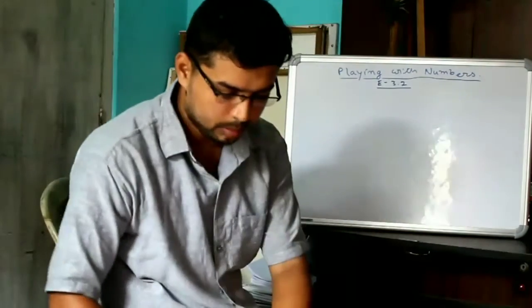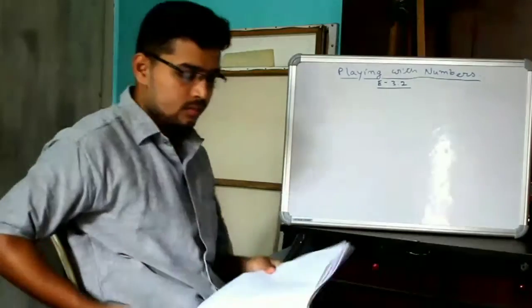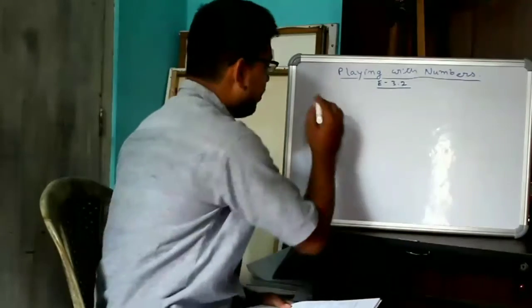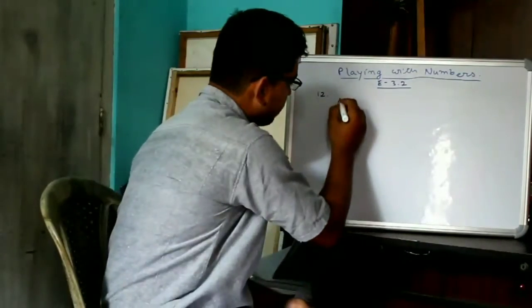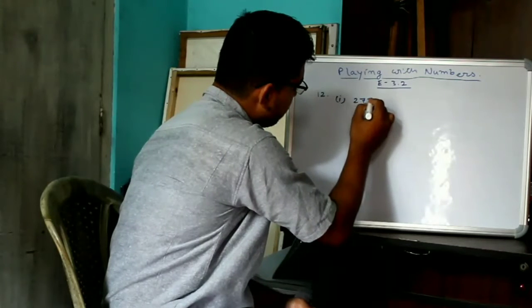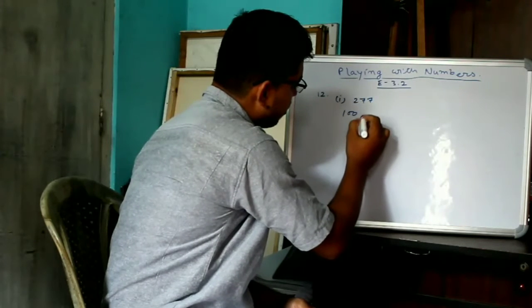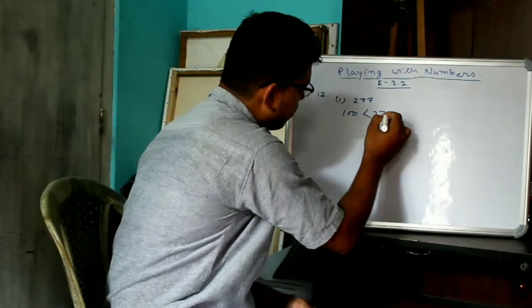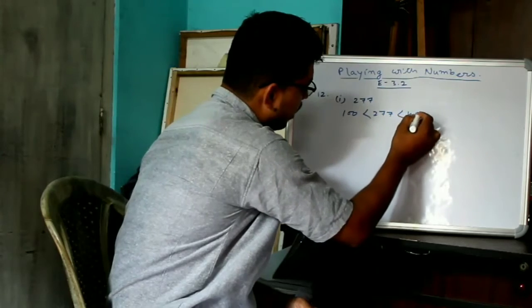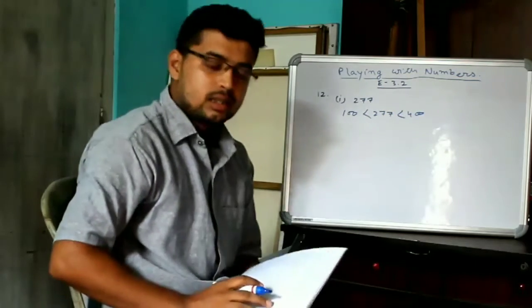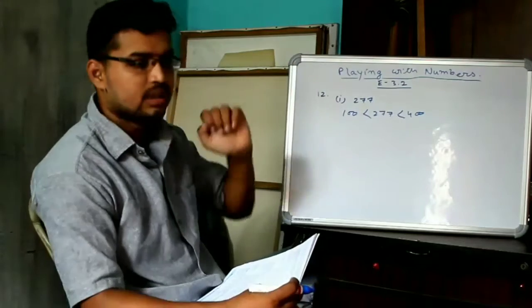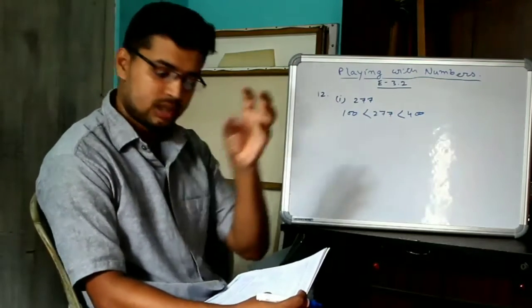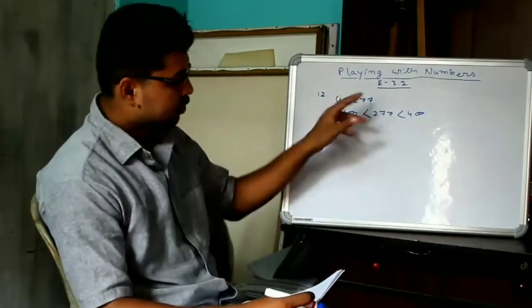How to check which are prime numbers? Take 277, between 100 and 400. We have to see whether any prime number less than 20 is a factor of 277. If so, then it is not a prime number.